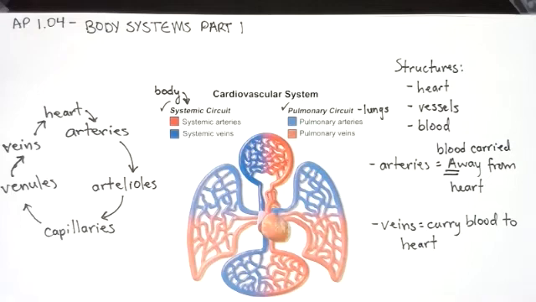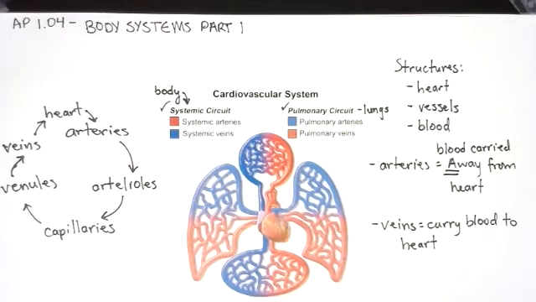So that's kind of the general overview, structures, intro for the cardiovascular system. We're going to be going into heart anatomy later in the year, fingers crossed that the schedule will allow it. And we don't do as much with the vessels as we do with the heart, but we will get into more details with the blood flow.